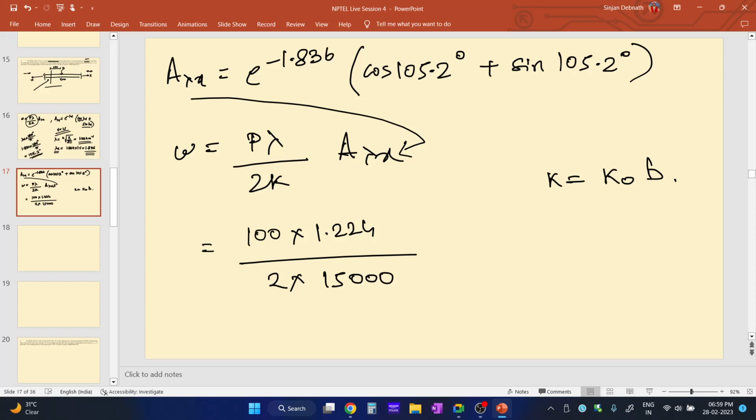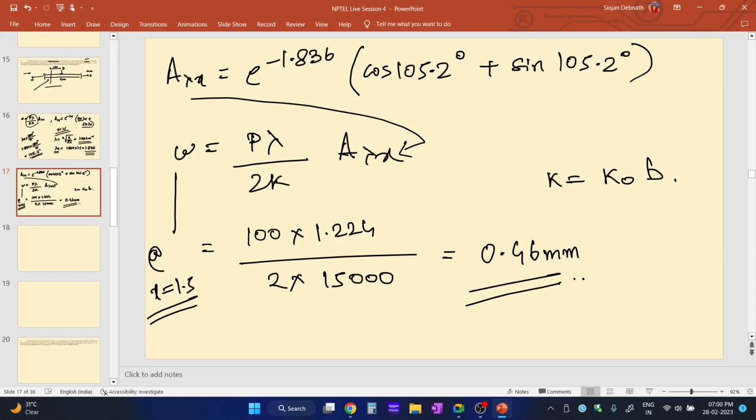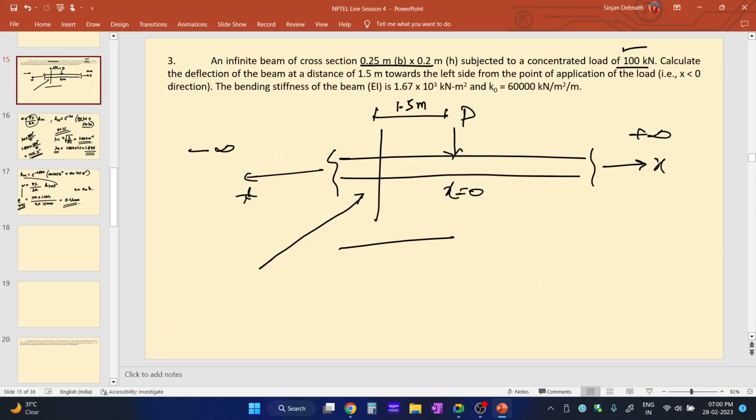If you solve this, you will get the deflection at x equal to 1.5 from the load application point. The deflection will be 0.46 millimeter. So we are applying load over here, and the deflection at this point will be 0.46 millimeter.